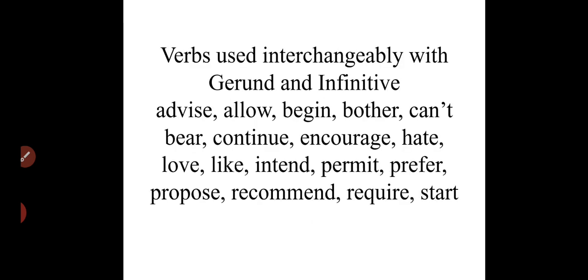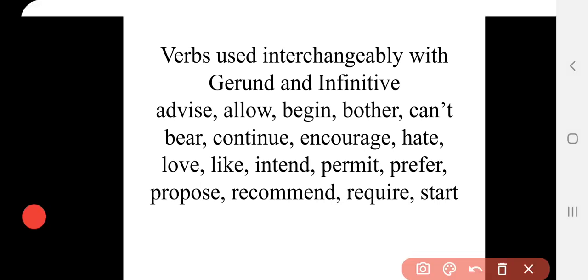Okay, then we have the verbs in which we can use gerund and infinitive. We can use both, like the verb like. I have also discussed the same example with you in the last slide. I like painting.